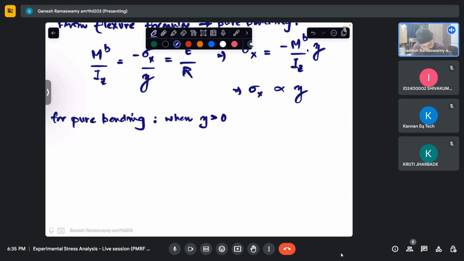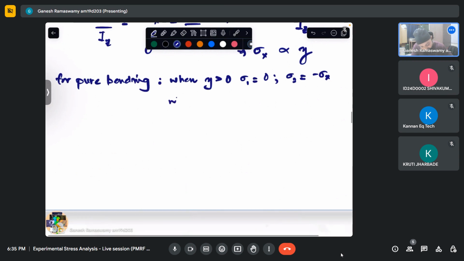When y is greater than 0, sigma 1 is 0 and sigma 2 is minus sigma x. When y is less than 0, sigma 1 is sigma x and sigma 2 is 0.